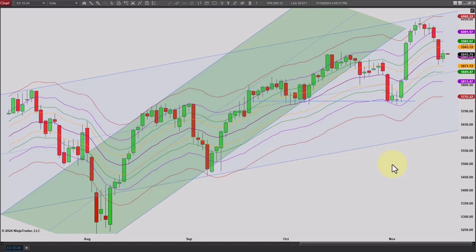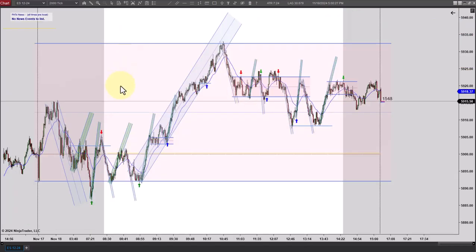So let's flip over to the 2000 tick chart and we'll go through those trades. And here's our 2000 tick chart. You can see that we had this nice rally. It looked like we had a real tight range at first, but we extended some more. But this is still just a range.